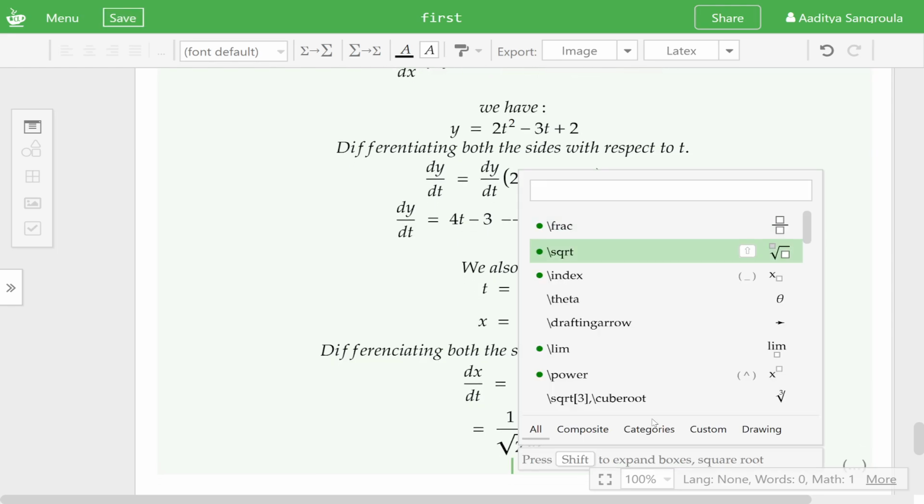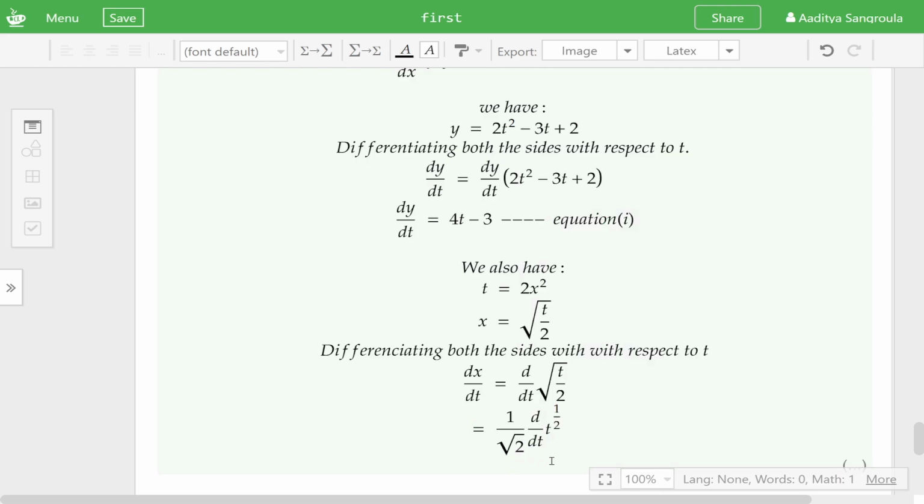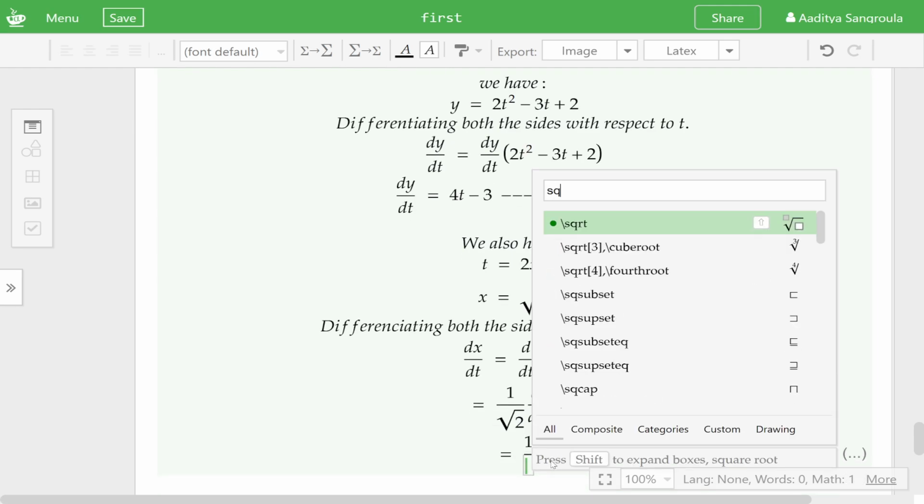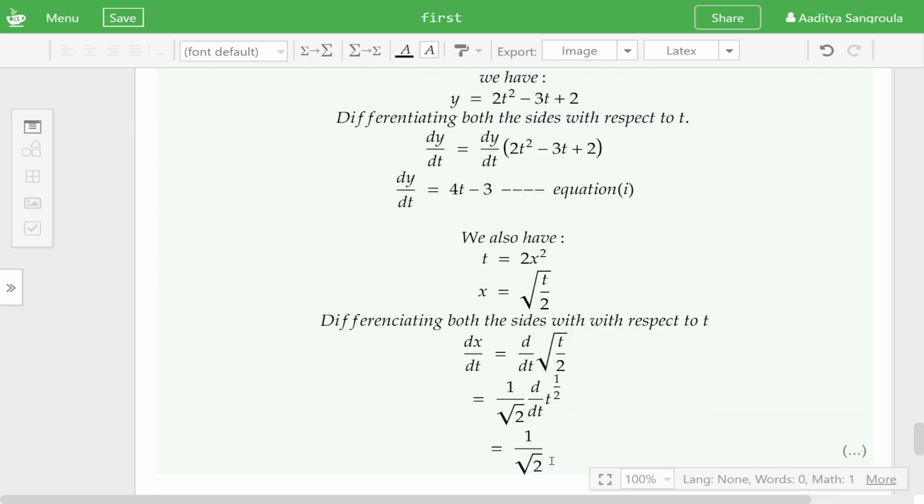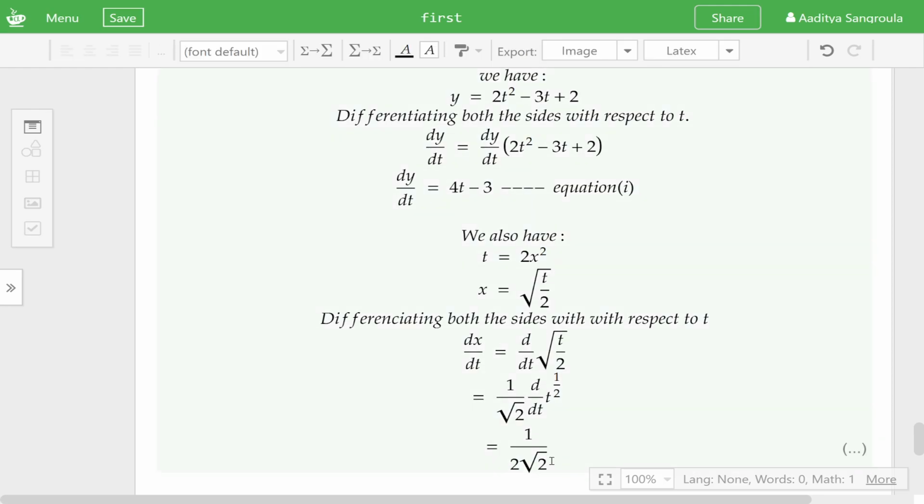So that's equal to 1 over square root of 2 times 1 over 2, so that's 2 square root of 2, times t to the power minus 1 over 2, that's going to be root t.